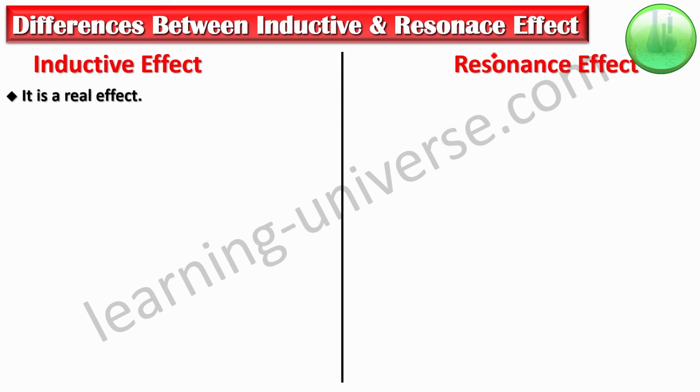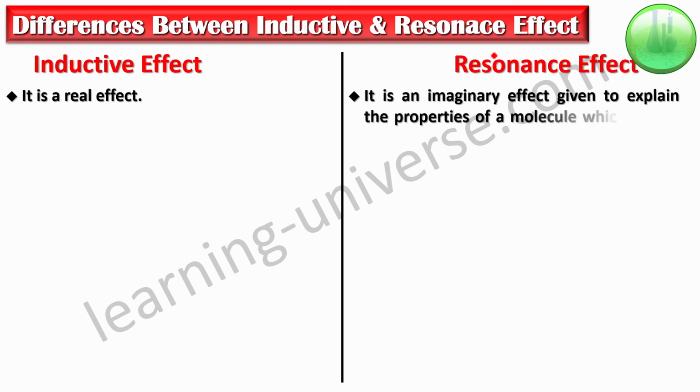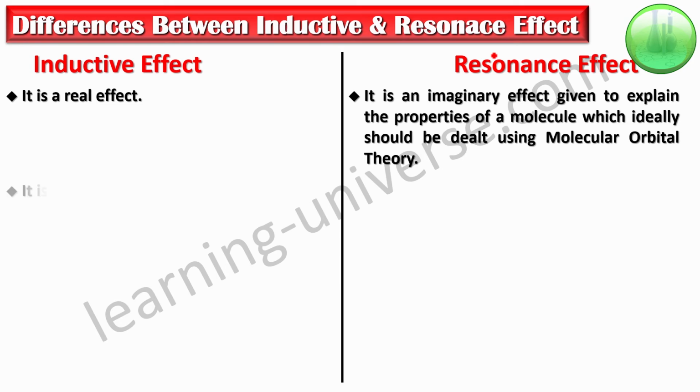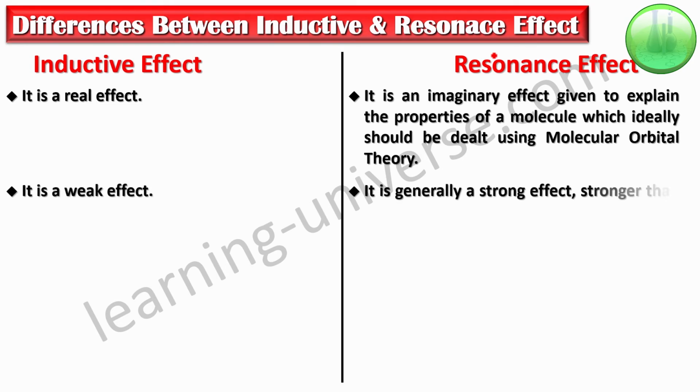Resonance is actually an imaginary effect which is given to explain the properties of a molecule, which ideally should be dealt using molecular orbital theory. And inductive is a weak effect, and resonance is generally stronger than inductive, but not always so. As you have in chemistry, there are always exceptions. So that is the end of resonance effect.